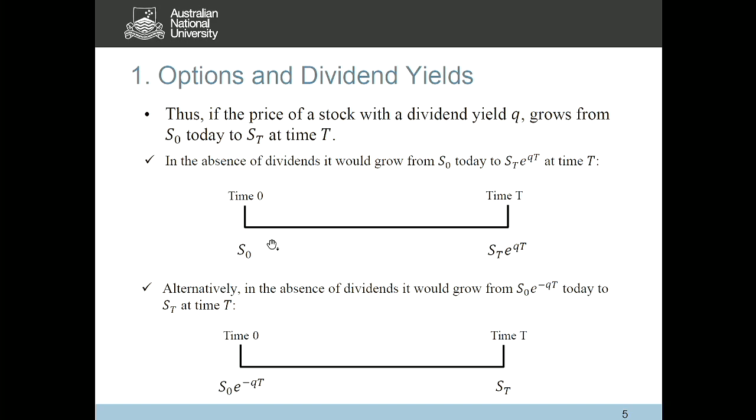The stock has a total return, and the total return can be broken into two components: the capital gain and the income gain. If the company decides not to pay the dividends, then the share price has to take into account that income gain. So q is the income gain that is reflected in the growth rate. The share price has to grow from S0 to ST times e to the power of qT.